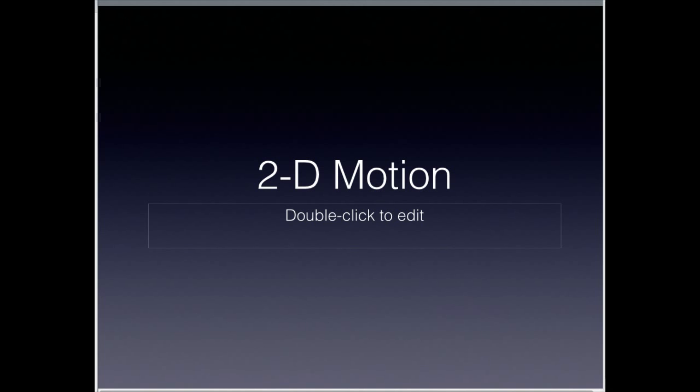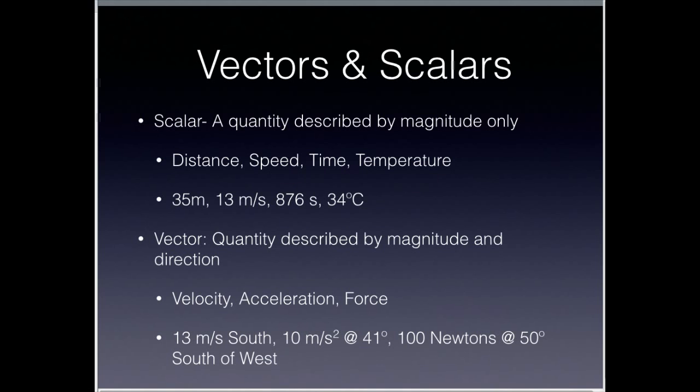So the first thing we want to look at as we move along is vectors and scalars. And I know you did a lot of work in your summer packet that has to do with vectors and scalars, so I'm not going to spend a whole lot of time on it, but it is important to know the difference between the two. So a scalar is something that has a magnitude only, magnitude meaning number.